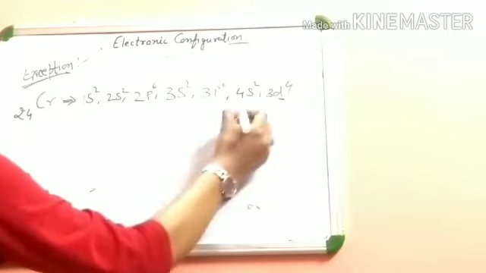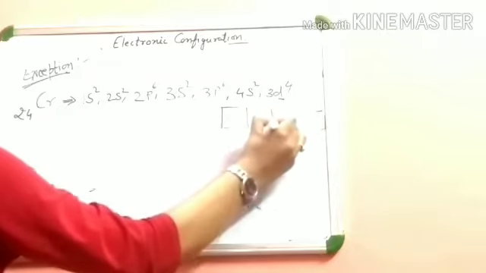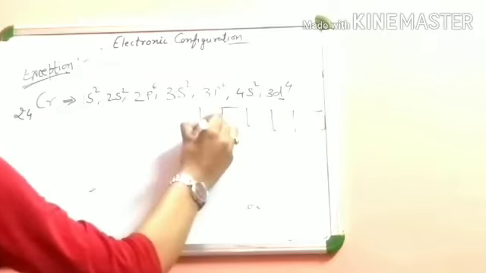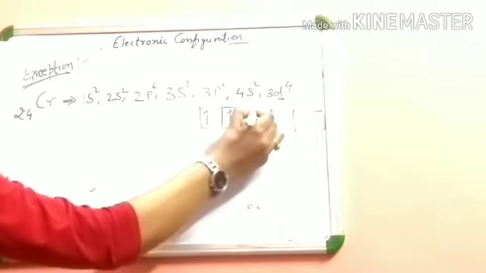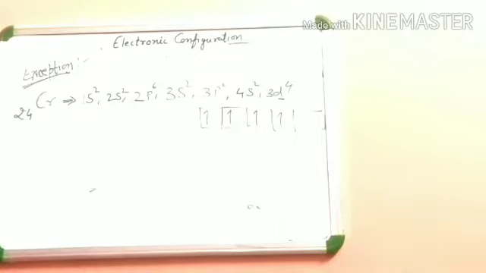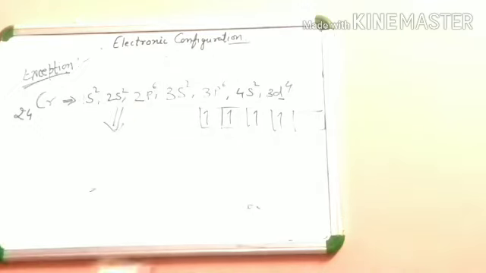The d subshell has 5 orbitals, as we know: 1, 2, 3, 4, 5. Here there are only 4 electrons. But as you can see, the condition here is d4, and the exception is only in the case of d4 or d9.